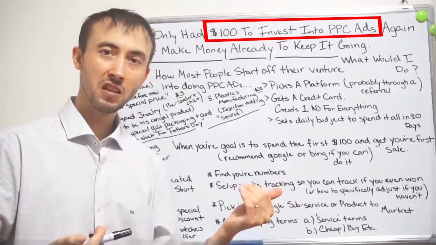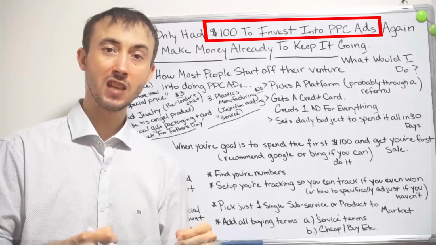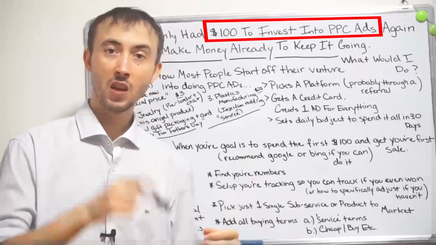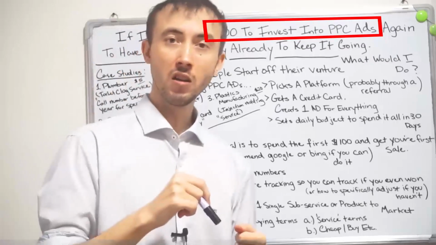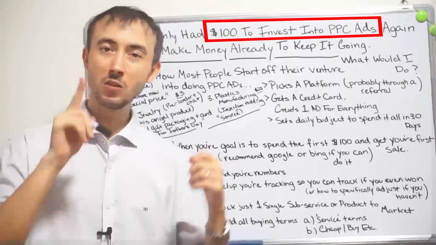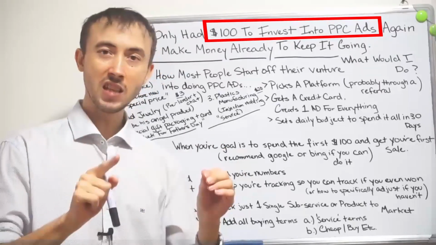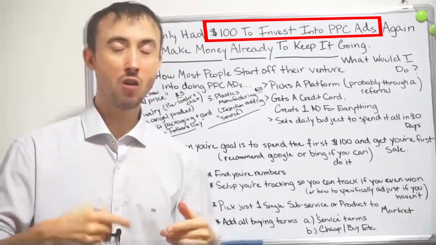Put a little more elbow grease into it than the average person is going to do starting out, and your foot is in the door, where that $100 generated at least one sale. That one sale you could then use to spend the next $100, and you're off to the races.